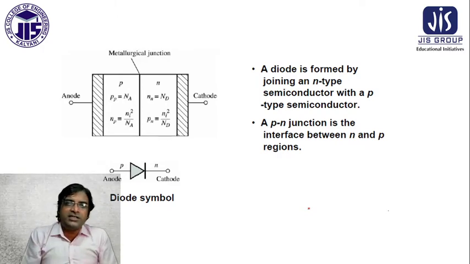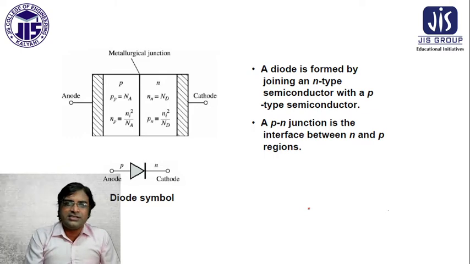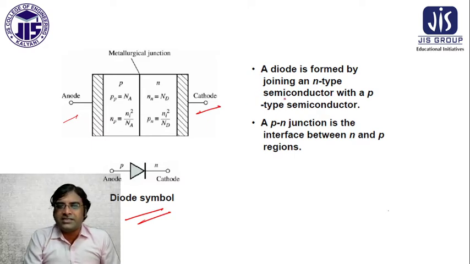Actually, here I am representing some mathematical aspects. That is the symbol of the diode, and that is the representation of the metallurgical junction. This side is the anode, and this side is the cathode. A diode is formed by the joining of p-type and n-type semiconductor, and the junction is the interface between p and n.